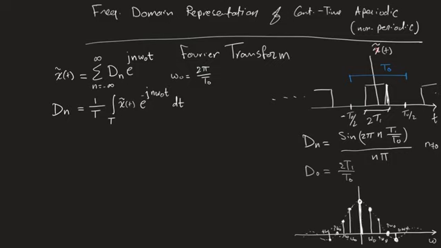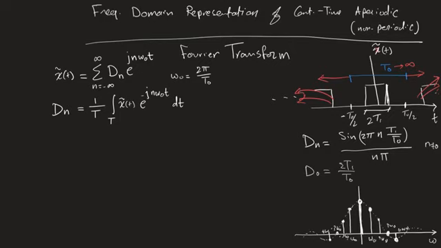So if I take the limit, if I try to push this guy away and push this guy away, which means that I'm trying to make my period larger, T naught, right? So I'm trying to take T naught to go to infinity, without really affecting the shape of the one piece of the signal. So I will keep the same piece and just push the other repetitions away.